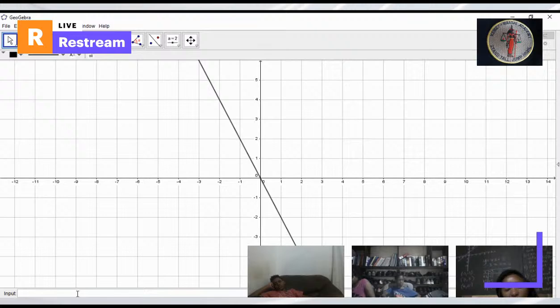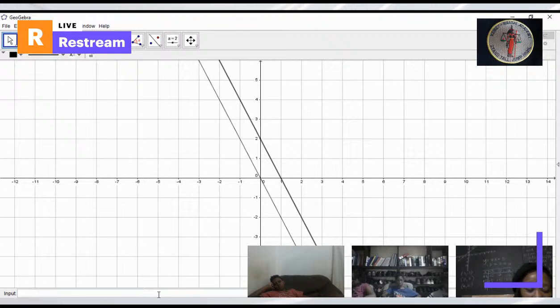So let's see what would happen if we add 2 to it. So y equals negative 2x plus 2. So there we go. Same gradient, same orientation, but we have shifted it up the y-axis 2 places.